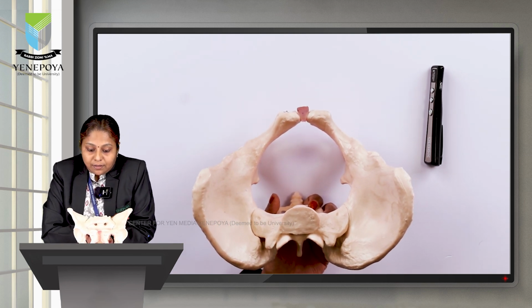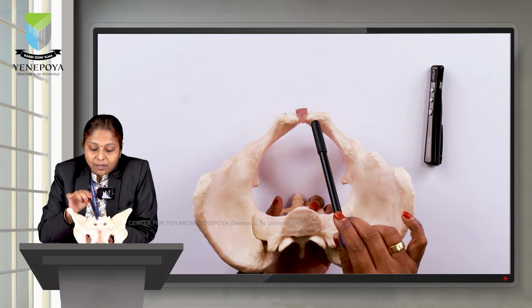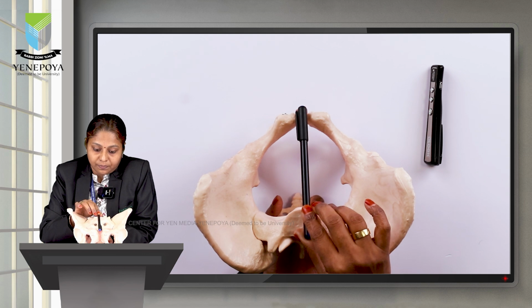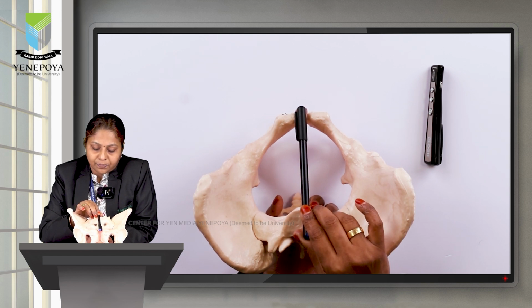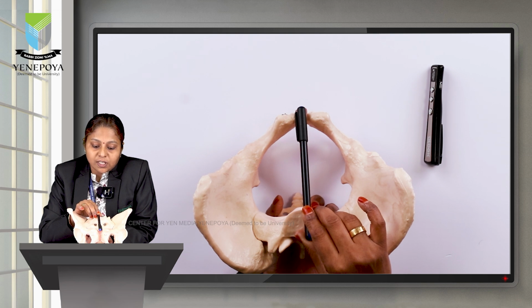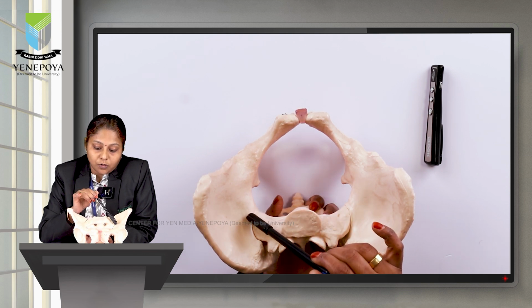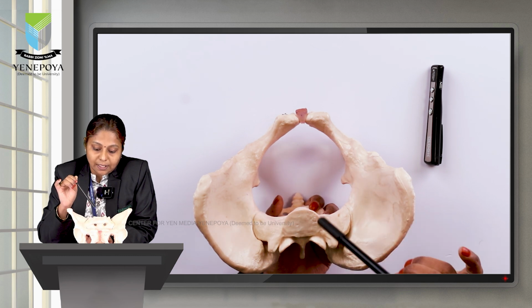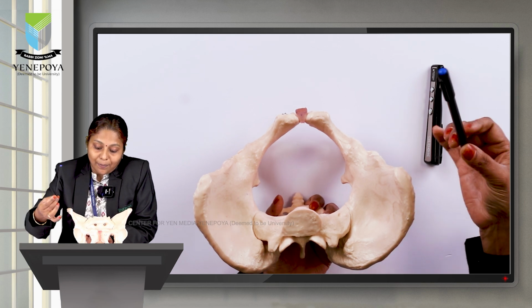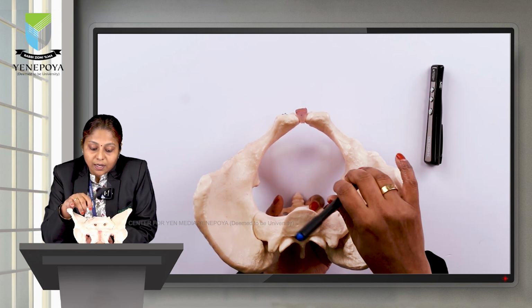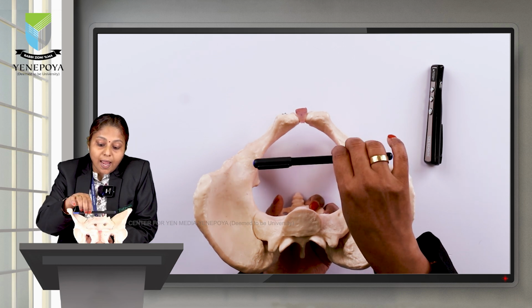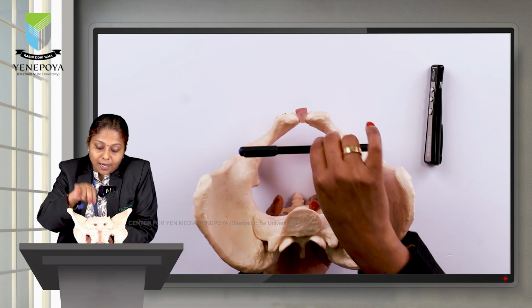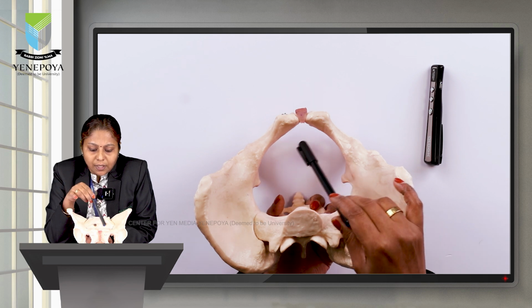The anteroposterior diameter is a line from the sacral promontory to the upper inner border of the symphysis pubis, approximately 11 centimeters. The oblique diameter is a line from one sacroiliac joint to the opposite iliopectineal eminence, measuring about 12 centimeters, whereas the transverse diameter is between the two iliopectineal eminences of the two innominate bones. That is about the pelvic brim.